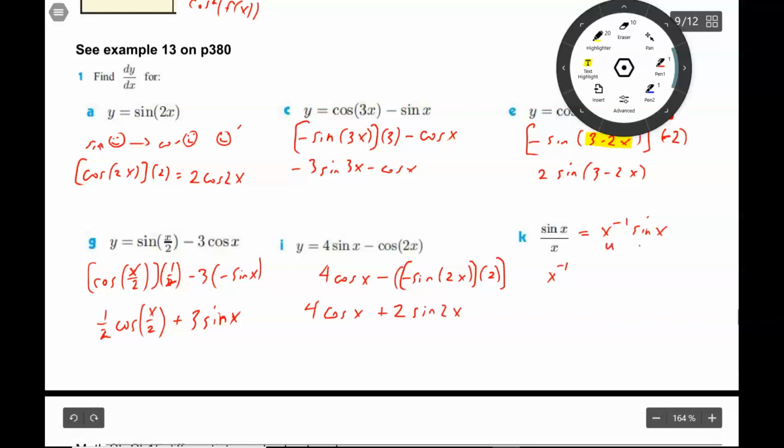Let's say this is u and this is v. So first I'm just going to write u, and then I'm going to take the derivative of v. So the derivative of sine x is cosine x plus, and then I'm going to take the derivative of u, which would be negative 1 x to the negative 2, multiplied times v without taking the derivative. So it would be that. Now let's see if I can rewrite this without extra negative signs and stuff. Something like that. Okay.